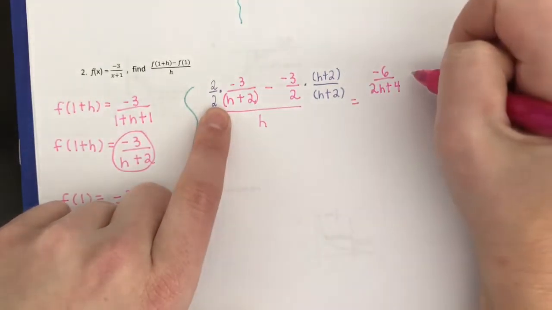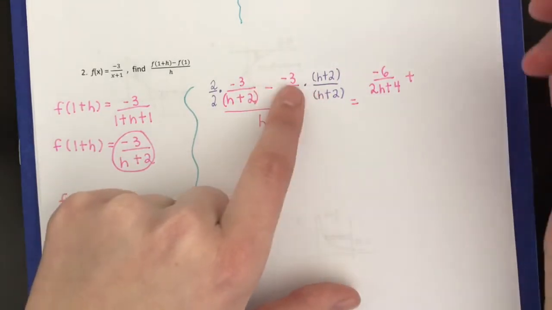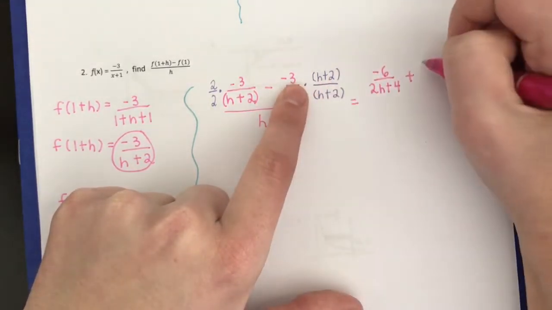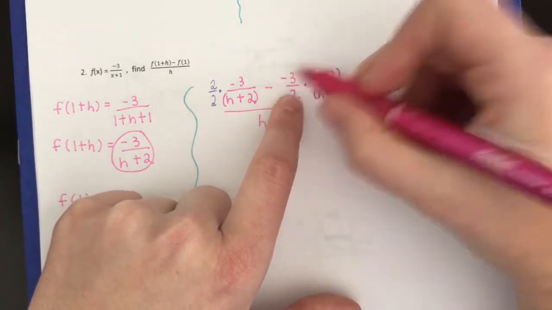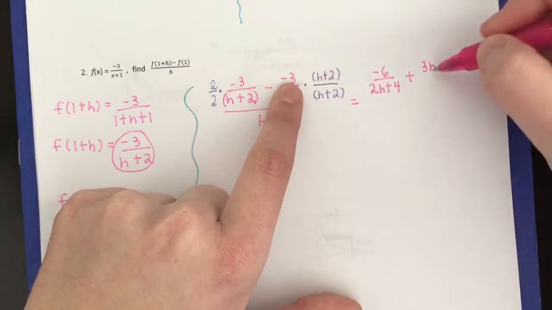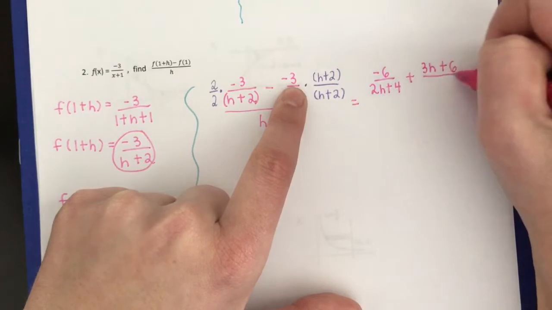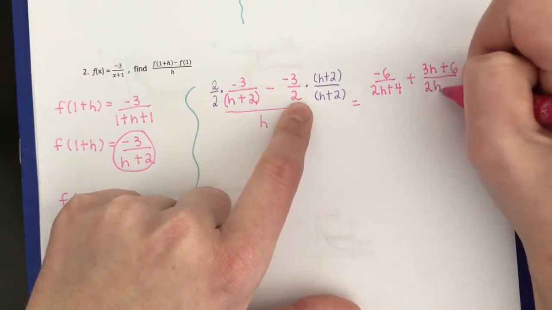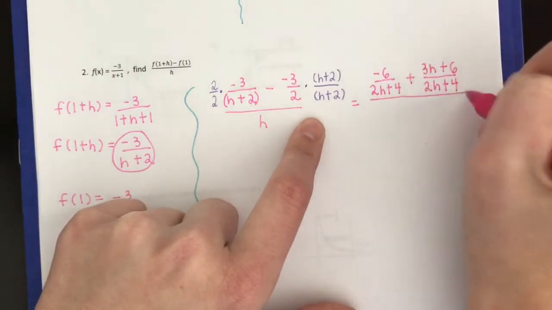Okay, and then plus, because that minus negative becomes a positive, it will be 3 times h, which is 3h, and positive 3 times 2, which is 6, over 2h plus 4, all over h.